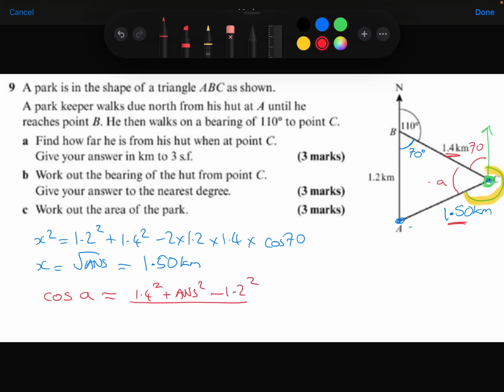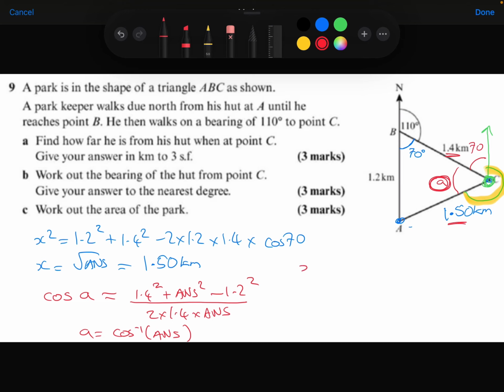The 1.2 has to be the side that I take away because it's opposite to the angle I'm trying to work out. Divide by 2 times 1.4 times my answer from before. If I work all that out and then do cos inverse, that will give me the angle A here.